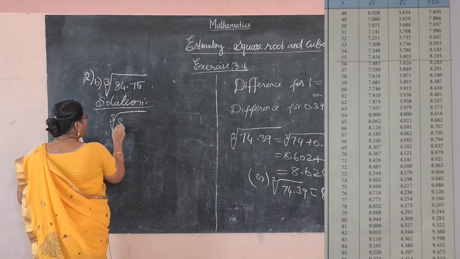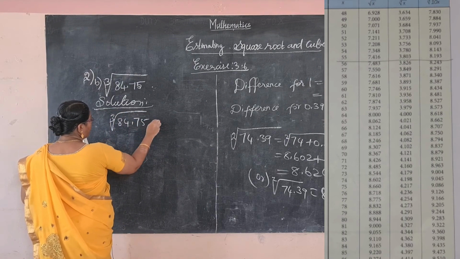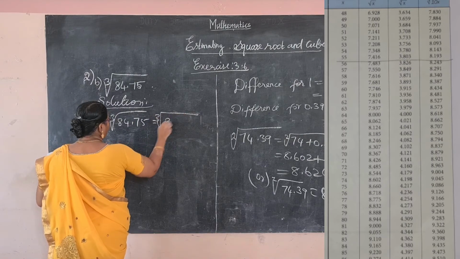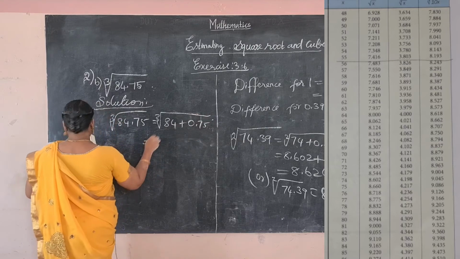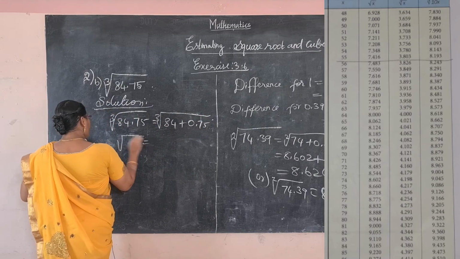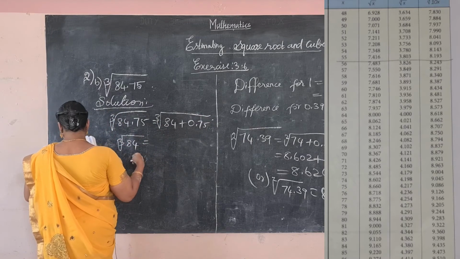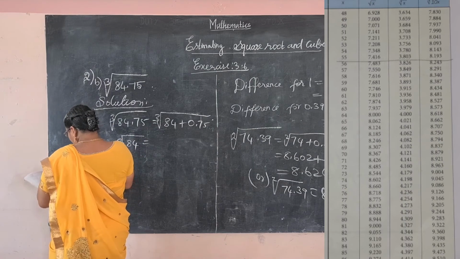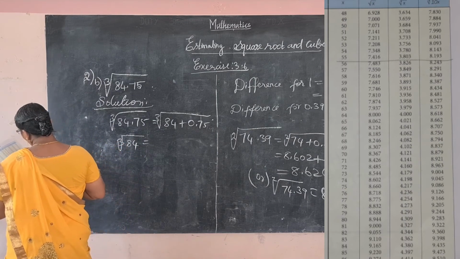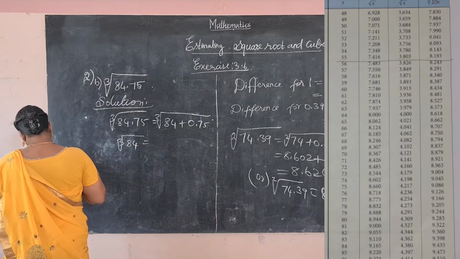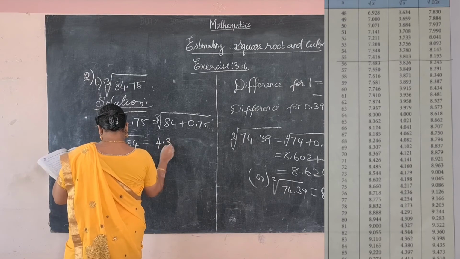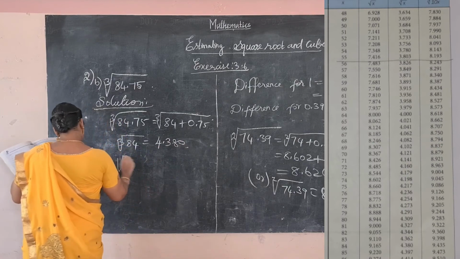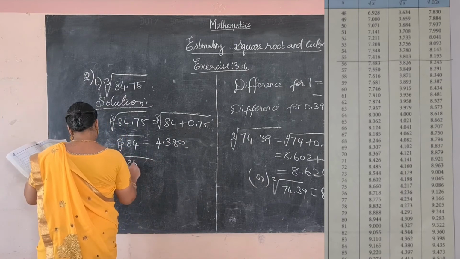Cube root of 84.75 can be written as cube root of 84 plus 0.75. Okay, the cube root of 84, you will see in the third column. What is the value? 4.380.